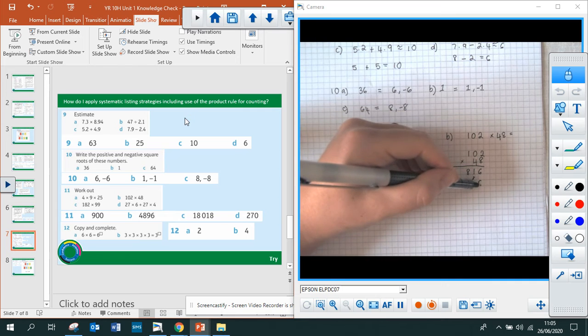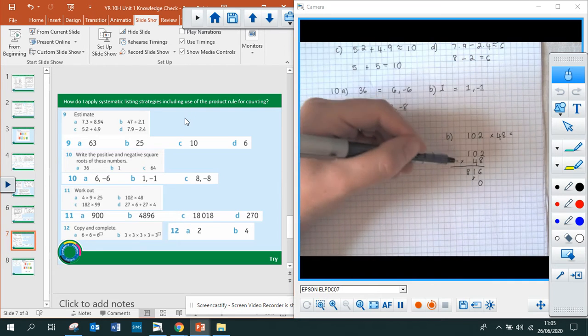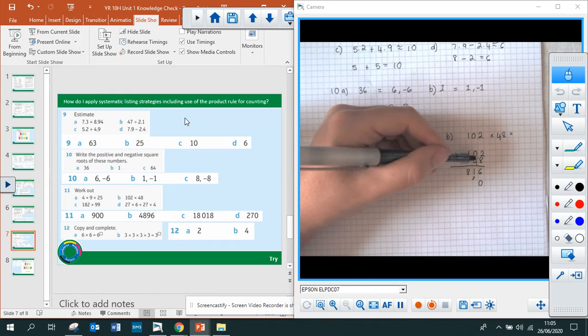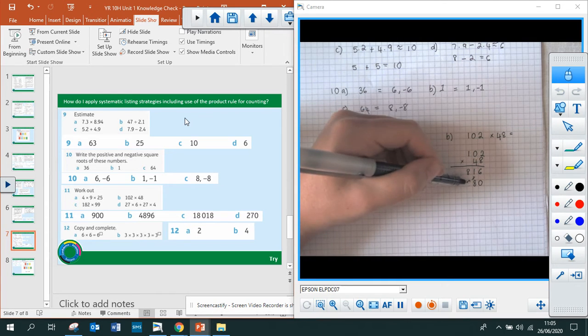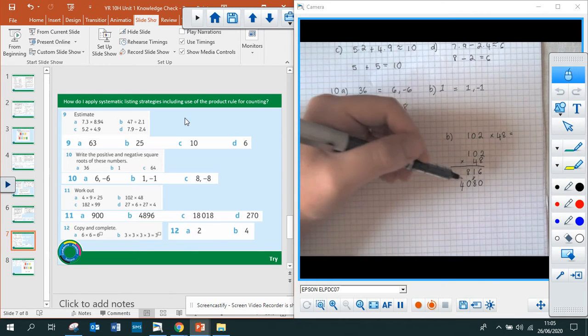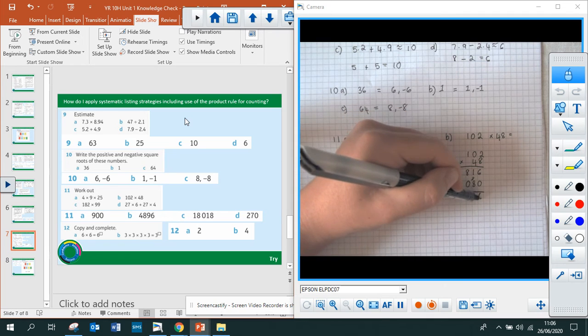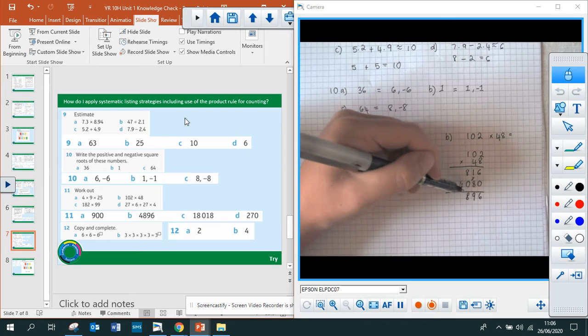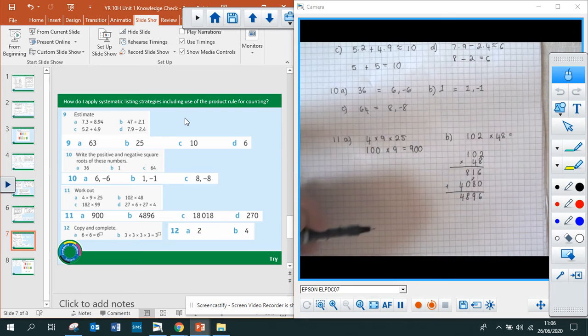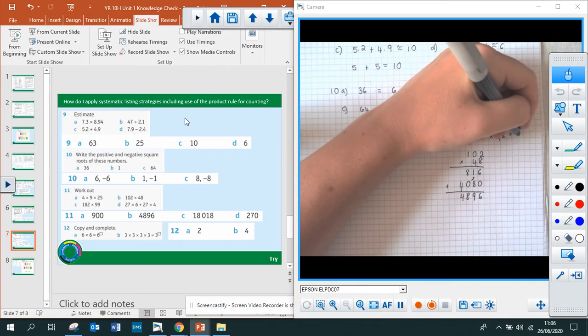Now you're doing 40 times, you need to put your 0 there because you're timesing by 40. 4 times 2 is 8. 4 times 0 is 0, and 4 times 1 is 4. Add that together. 6 add 0 is 6. 1 add 8 is 9. 8 add 0 is 8, and 4 on its own there makes 4. So your answer should be 4,896.